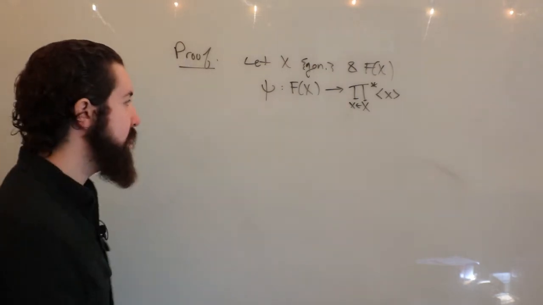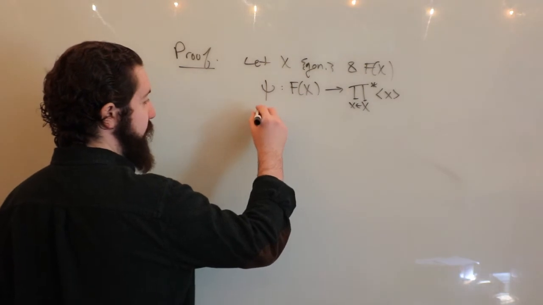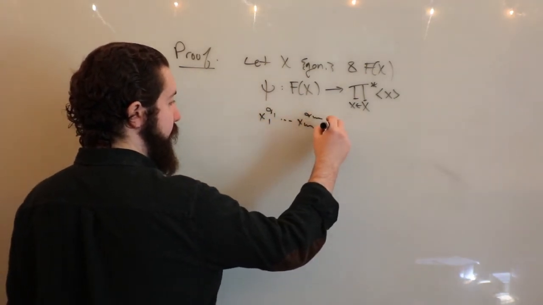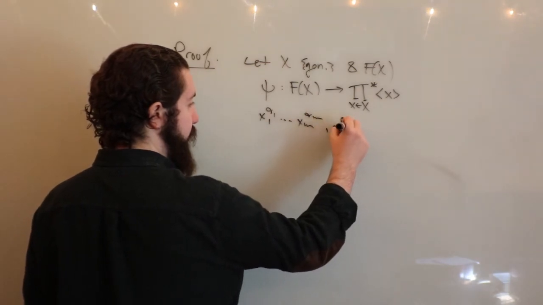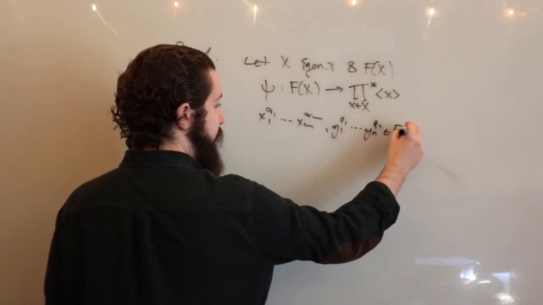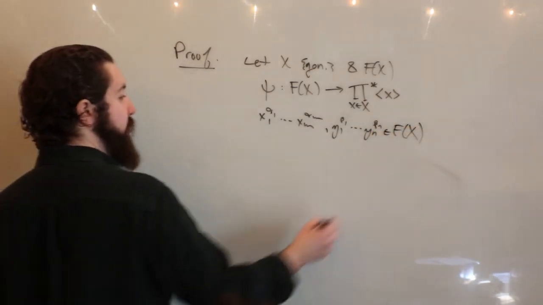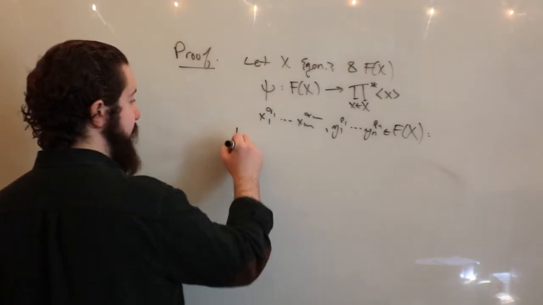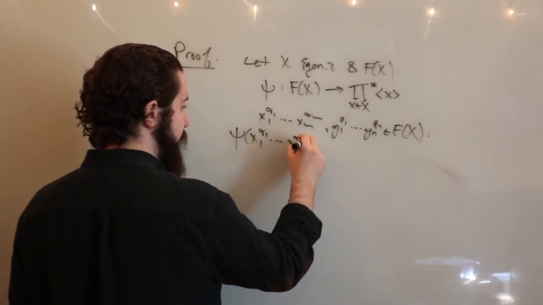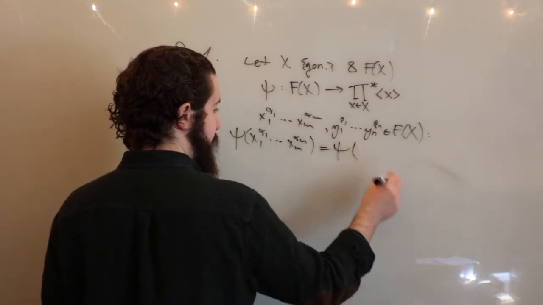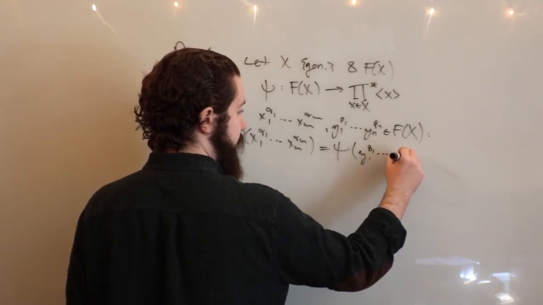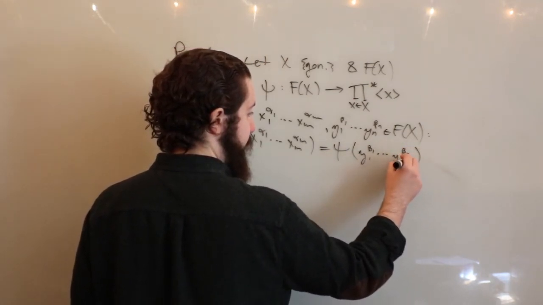All right, now suppose that for two reduced words, which we will call x1 to the alpha 1 through xm to the alpha m, and y1 to the beta 1 all up to yn to the beta n, two reduced words on x, we have that psi of the first word is equal to the image under psi of the second word. We want to show that this is injective.